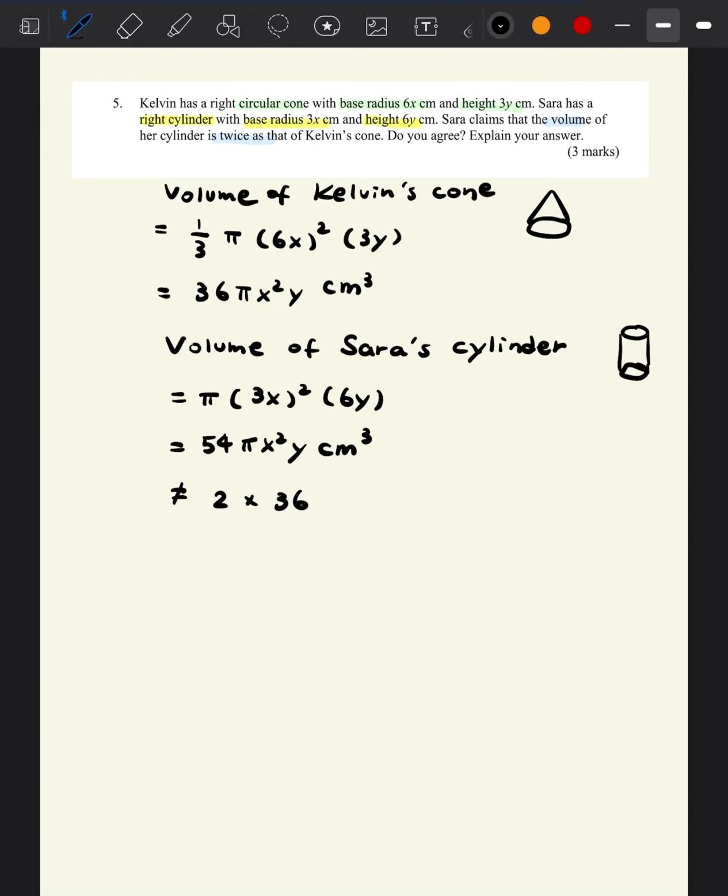So 54 pi x squared y doesn't equal to 2 times 36 pi x squared y cm cubed. So therefore, the claim is disagree. So you have to link back to whether it is twice or not.